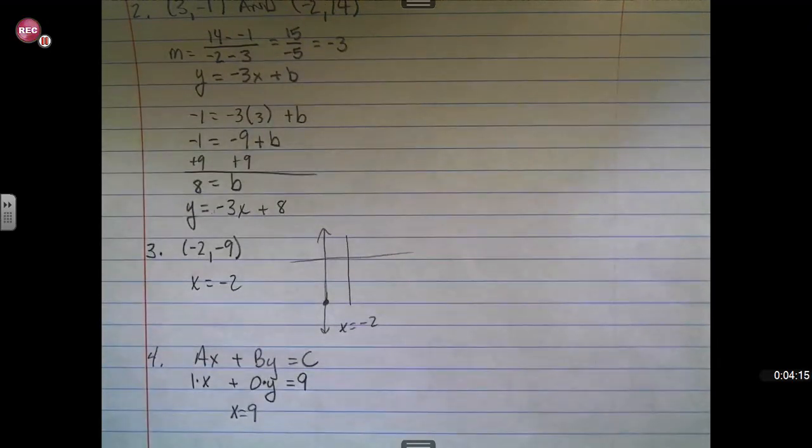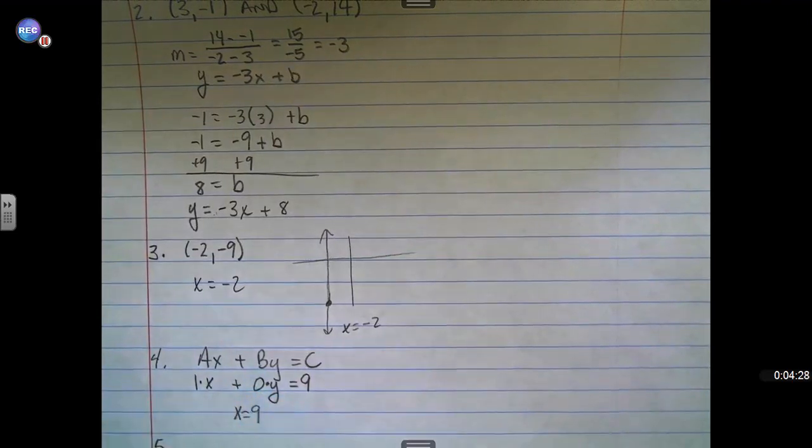So 1 is a, because if I simplify this, it gives me x equals 9. And that would be the equation of the vertical line through that point. So letter C is the choice where a is 1, b is 0, and c is 9. The answer there is letter C.